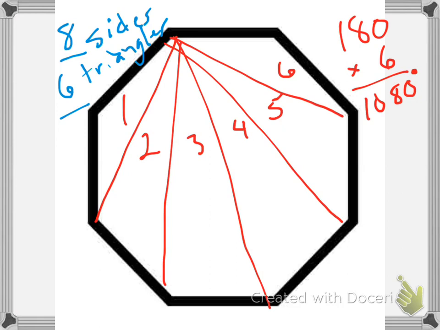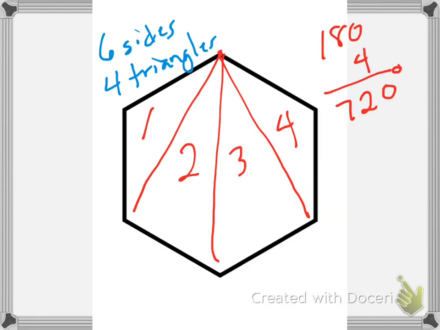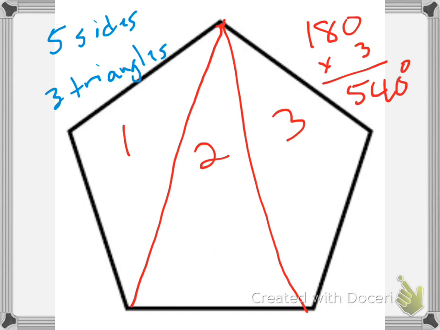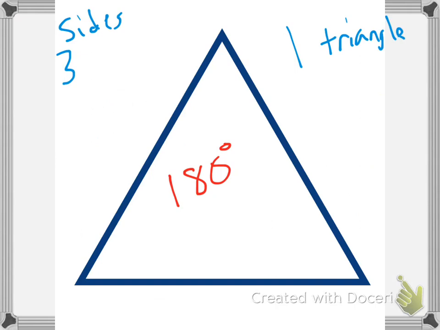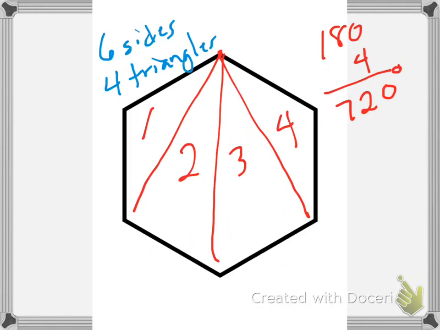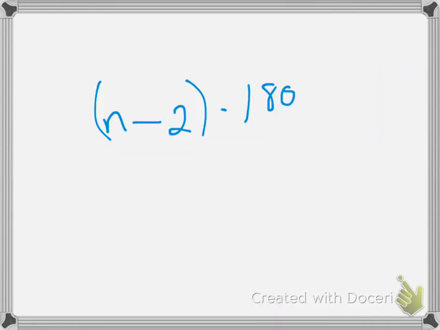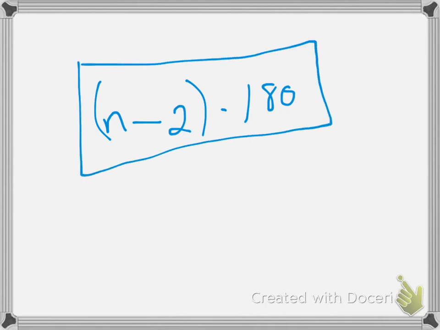Each one of these shapes is making triangles inside of the shape. So it would be really good for us to use the triangle, which is 180 degrees. That's why it was the very first shape that I showed in the video. So this is your formula that you want to remember and have written down to be able to find all of the angle sums of every single polygon.